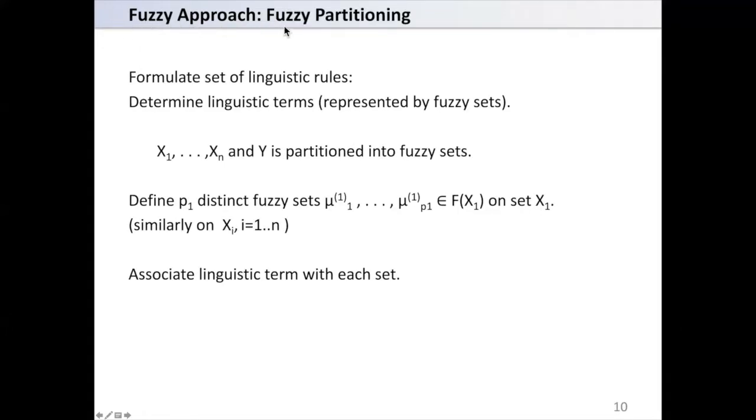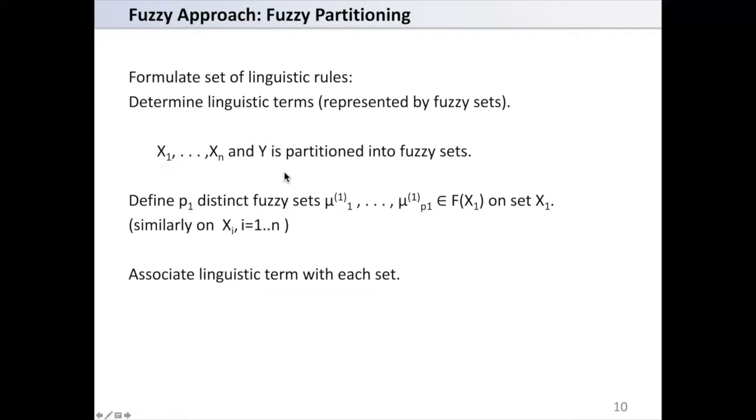In fuzzy control, fuzzy partitioning is used to formulate a set of linguistic rules. That is, we determine linguistic terms represented by fuzzy sets. They are defined on reference sets for inputs from x1 up to xn, and the reference set for the output y.